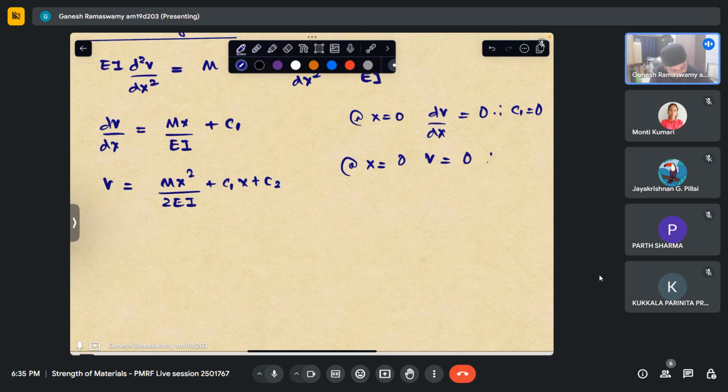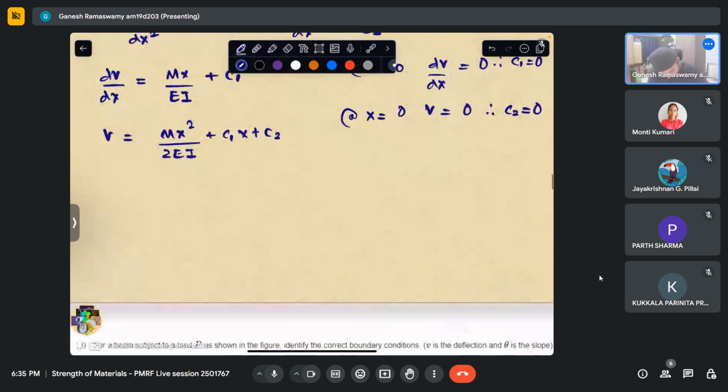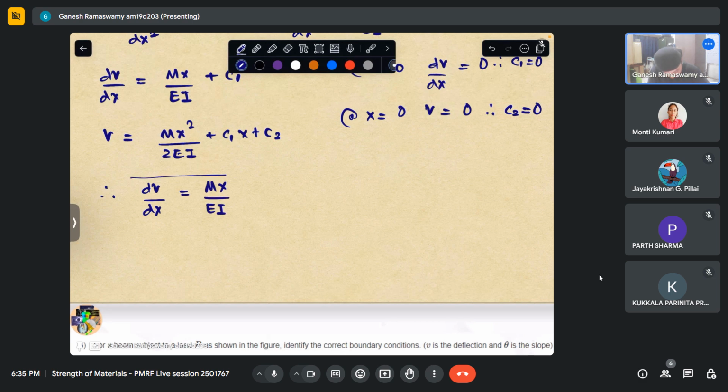Therefore C2 is also 0. So therefore I have my slope equation as dv by dx equaling mx by EI, and my deflection equation equaling mx squared by 2EI.